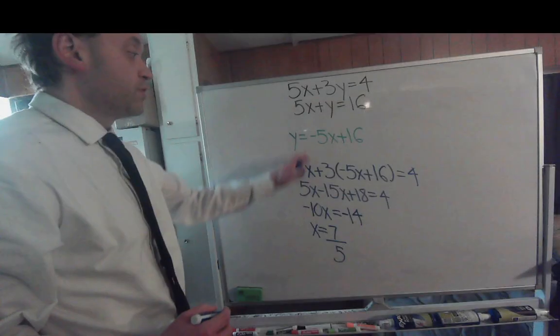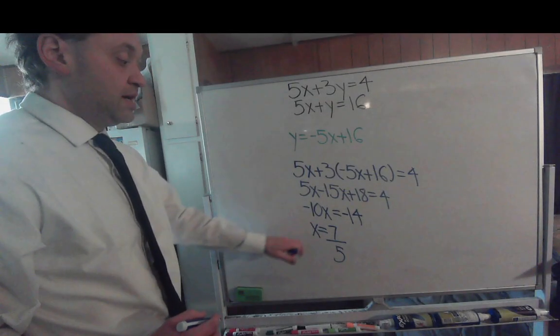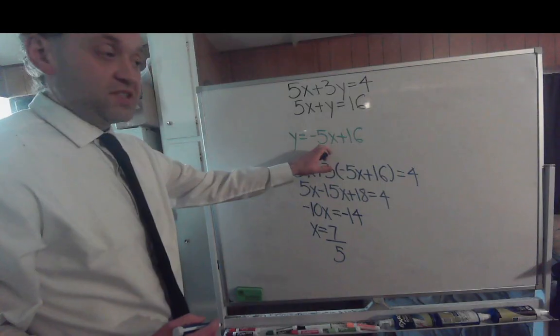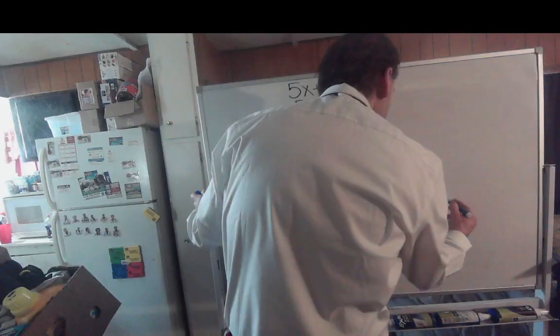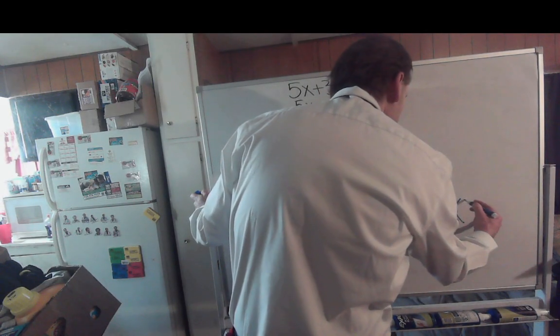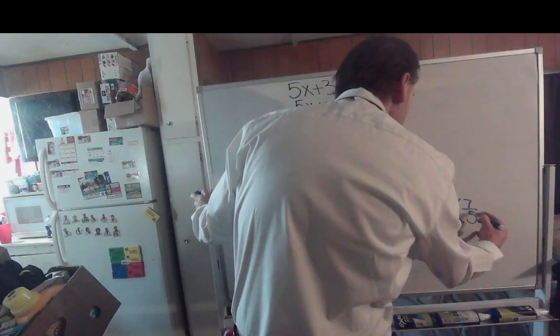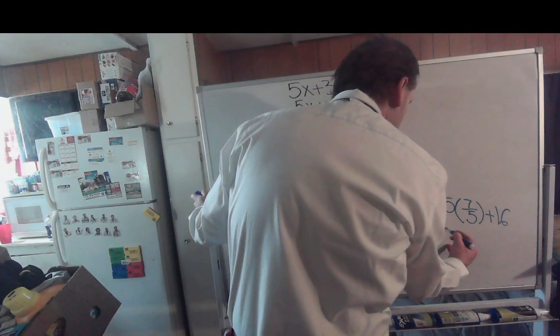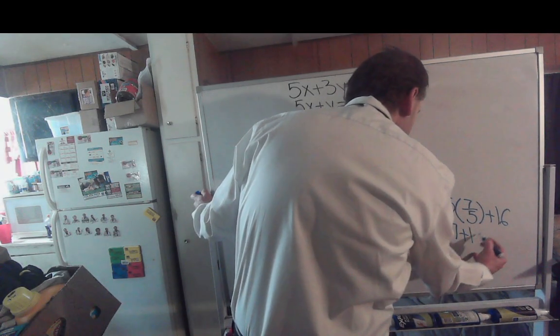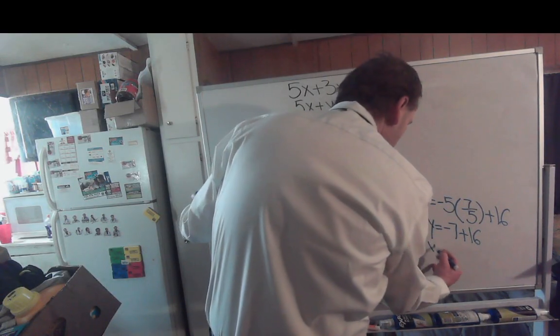Now we could solve for y by simply putting the x value of 7/5 in for x. So y would equal negative 5 times that x value of 7/5, all that plus 16. Which y would be equal to negative 7 plus 16, which would give you a y value of 9.